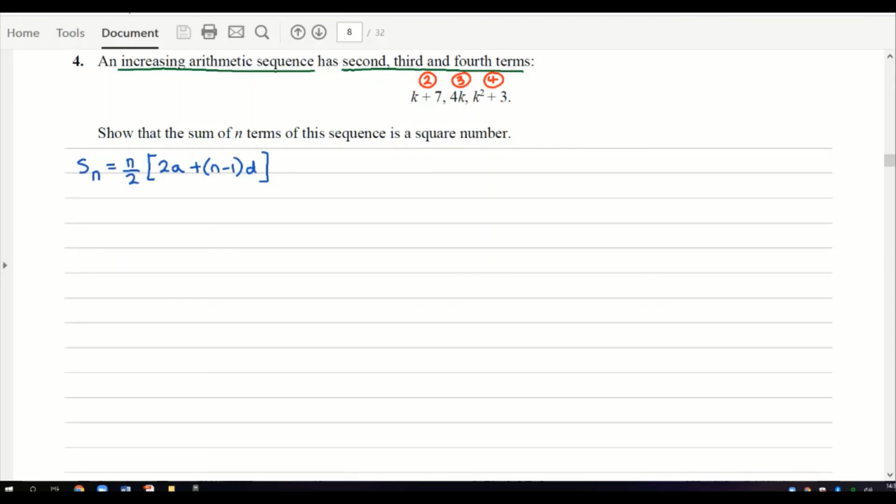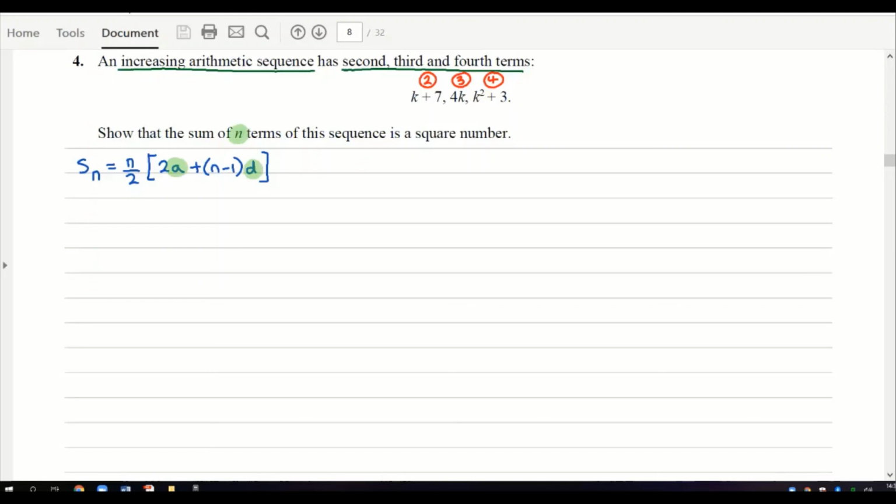So what is absolutely clear is that I don't need to know n because we're finding the sum of n terms, okay? So we're summing over n terms, so that n is going to remain as n. What we need to find is a and the common difference, okay? Now then, a, remember, is the first term.